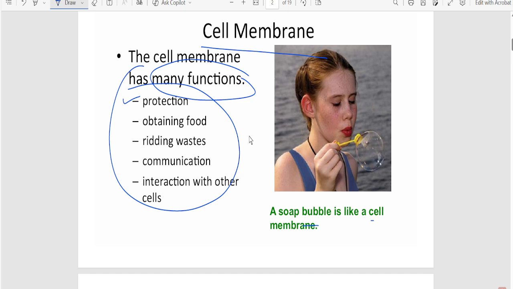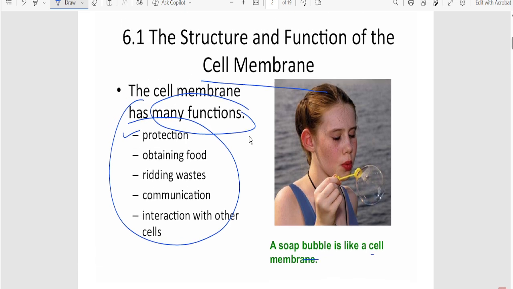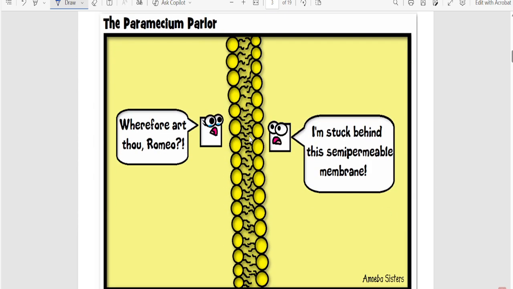Waste products like urea have to go out of the cell. So these things have to pass through the membrane. If this is cell 1 and this is cell 2, and cell 1 has to transport a substance to cell 2, it has to pass through this membrane.